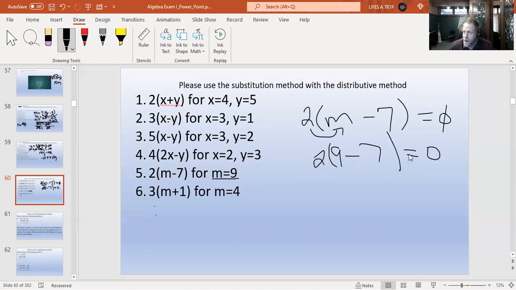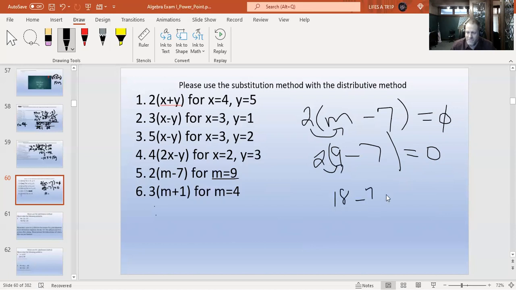But let's see if this is a solution though. So we're introducing a solution. We kind of touched on this earlier in another video, but we didn't go quite into it. A solution is where the numbers match. If it's true on one side, it equals true on the other side. So let's see if it is. 2 times 9 is 18.